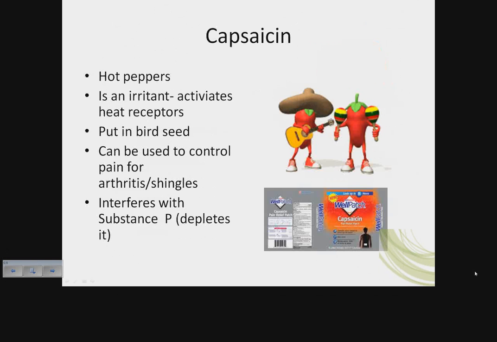Well, now it's time to talk about capsaicin, and that's how you pronounce it, capsaicin. This is a chemical that's found in hot peppers, and it's an irritant, and it activates heat receptors in your skin and in your mouth.